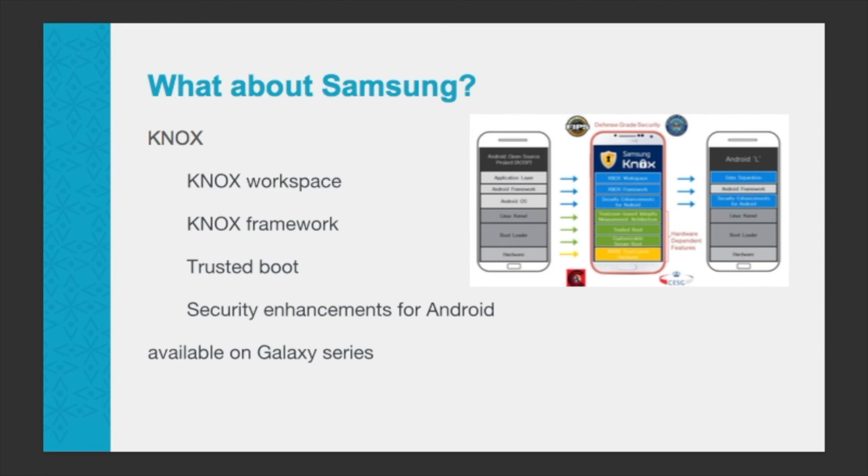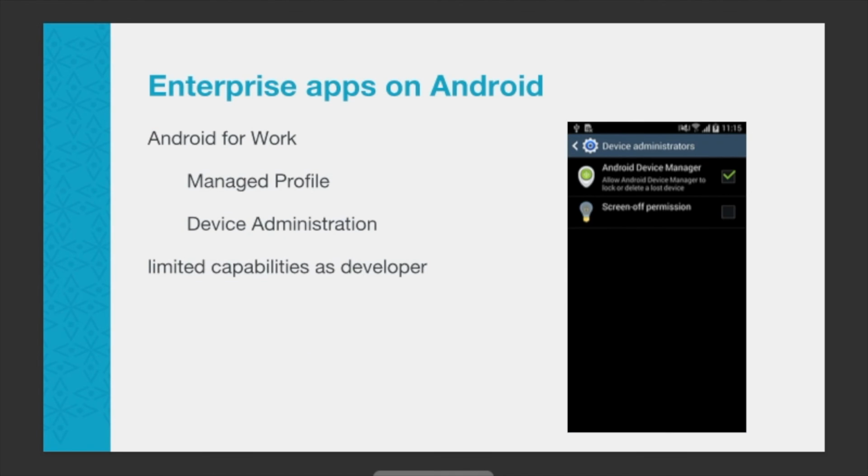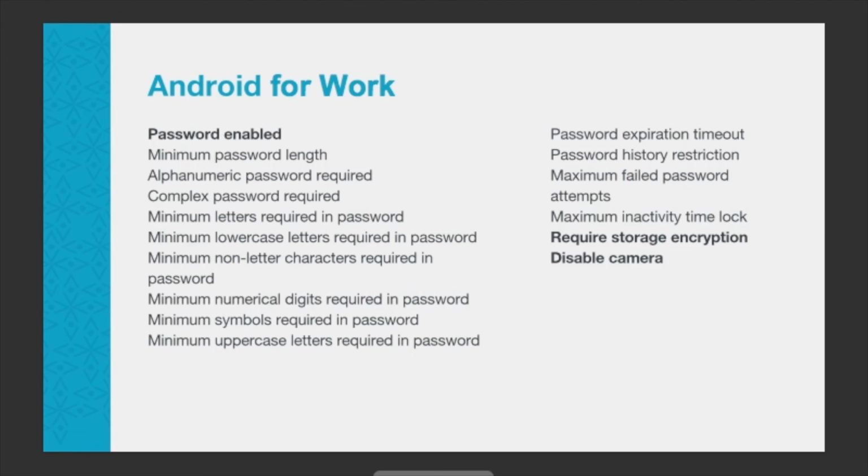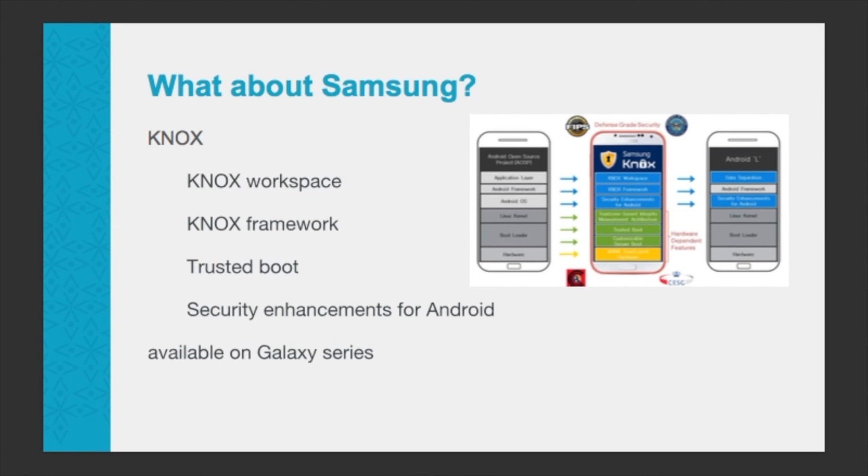There's Knox Workspace, which basically does pretty much the same thing that the managed profile does on stock Android. It isolates your private and work applications and adds some security to it, and that's basically it. A system administrator, like your company administrator, has some kind of dashboard that they can use to control your device.